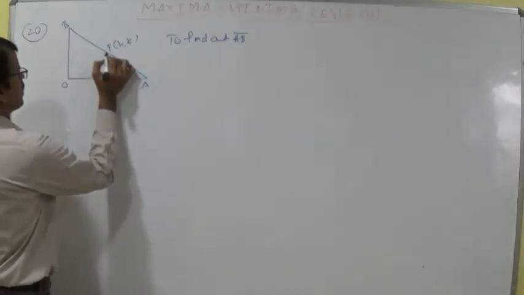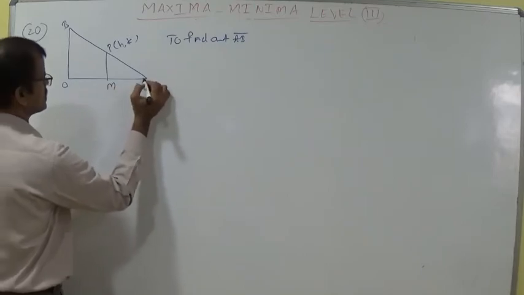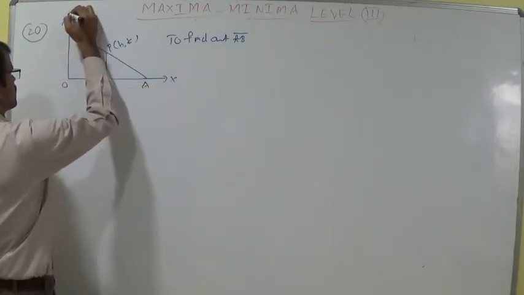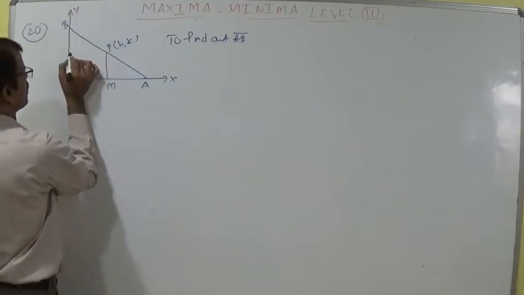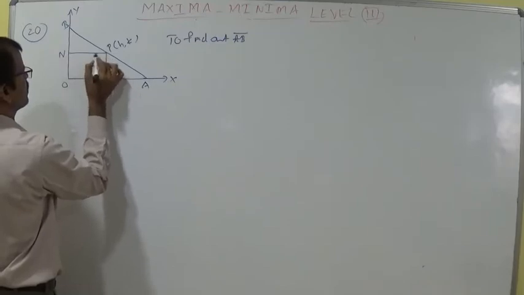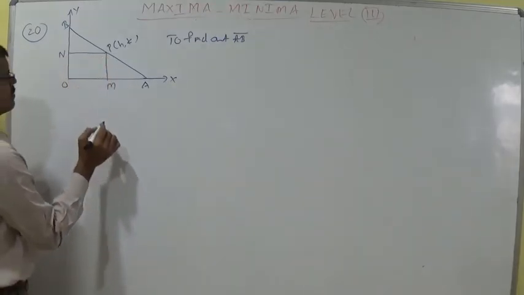Let us draw a perpendicular line from P to the x axis, M. This is the y axis. Let us draw a perpendicular line; this is the projection, N upon OB. This is M and N you can take here.